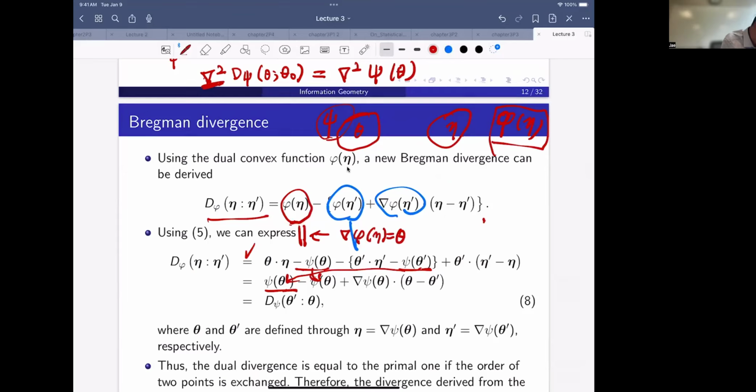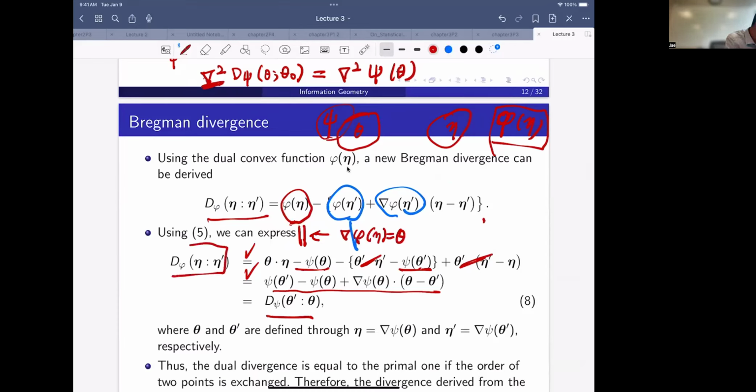And then this guy is equal to eta. I think we have some cancellation. And so we finally have this result, equality. And after that, it turns out that this is nothing but the Bregman divergence in terms of the zeta coordinate system.